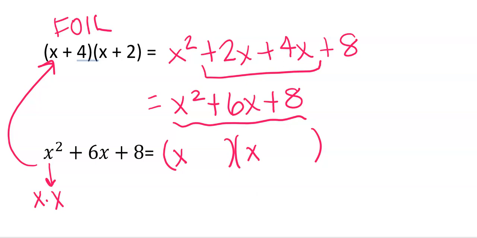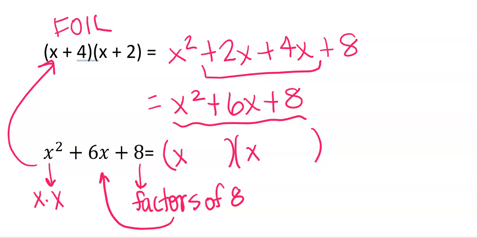Then we want factors of 8 that add up to 6, so add up to that middle number. The last number is the factors. The middle number is what those factors add up to.